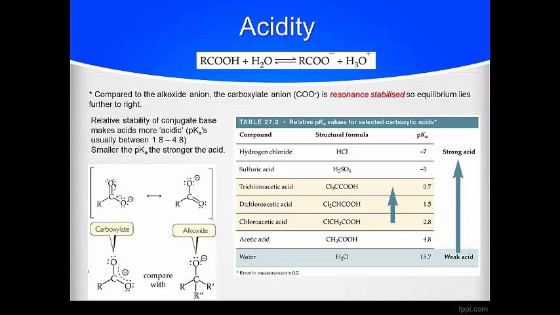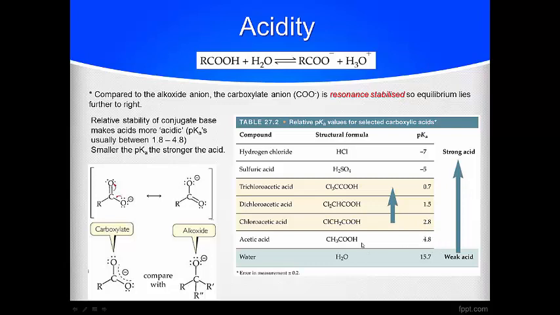We have our trichloroacetic acid, which is at 0.7. We have our dichloroacetic acid, which is 1.5, and our chloroacetic acid, which is at 2.8. And our normal acetic acid, without any chlorines on it, at 4.8.